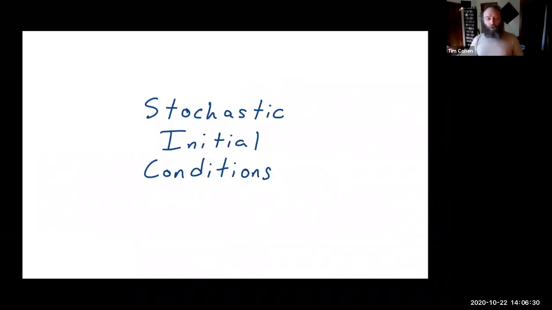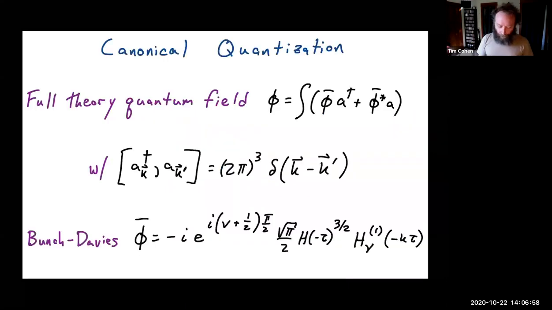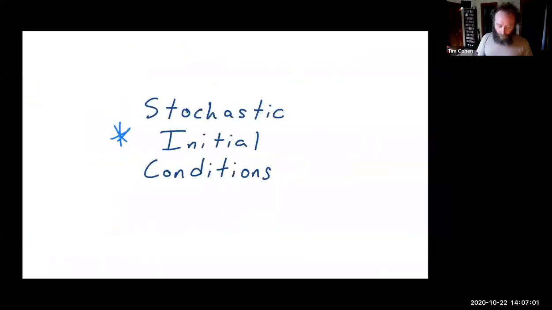Okay, so those are the degrees of freedom. One of the novel things about this EFT is that we have to add an additional component, if you like, at matching, which is that there are stochastic initial conditions for the field. There are a few ways to think about this.